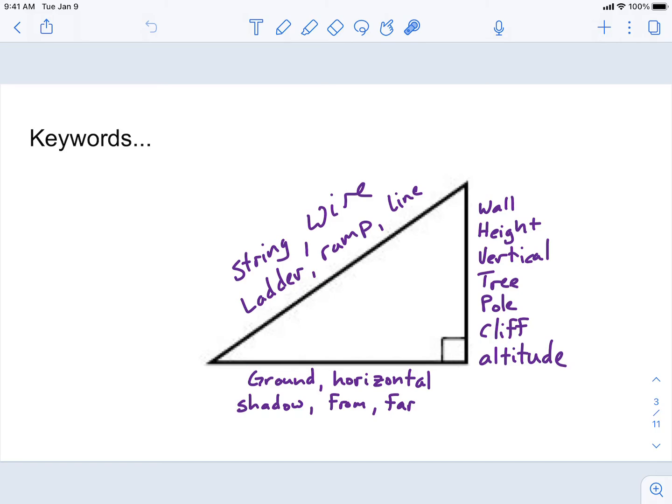The hypotenuse is going to be almost always some physical object like a kite string, like a wire, a ladder, right? A ladder, when you lean a ladder up against a wall, you lean it at an angle, maybe not as sharp as this one, but it's not straight up and down and it's not horizontal. A ramp or a line, like a zip line specifically.